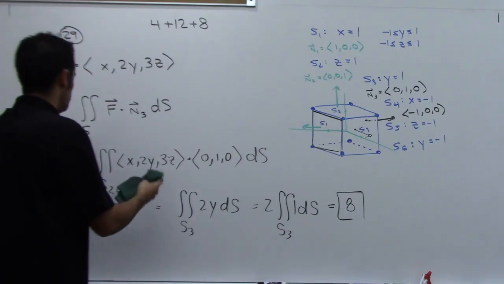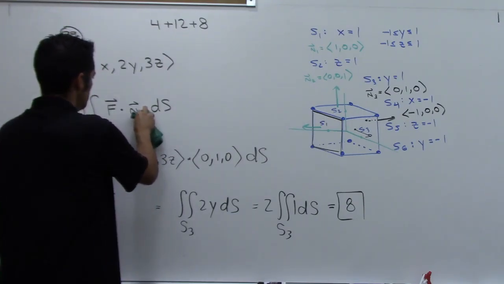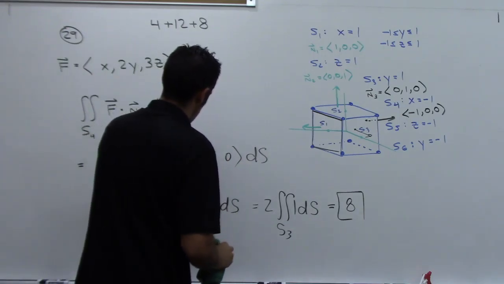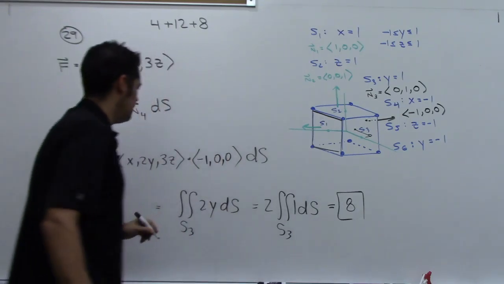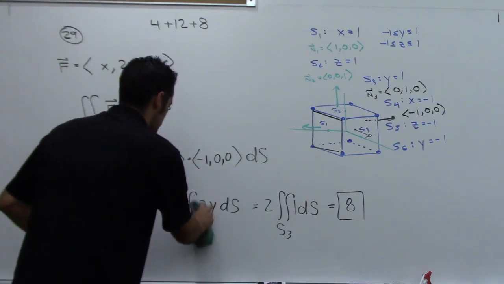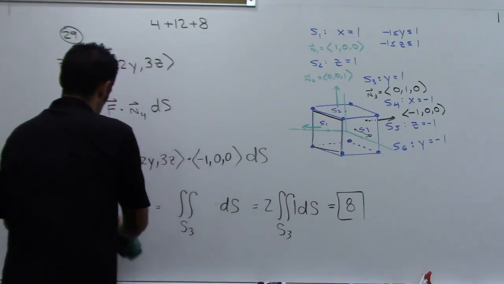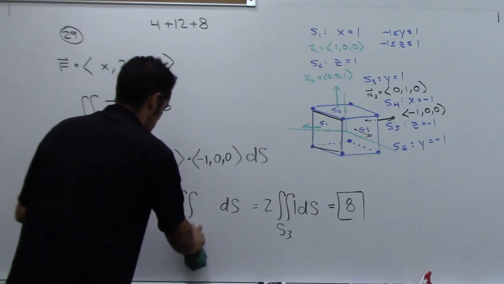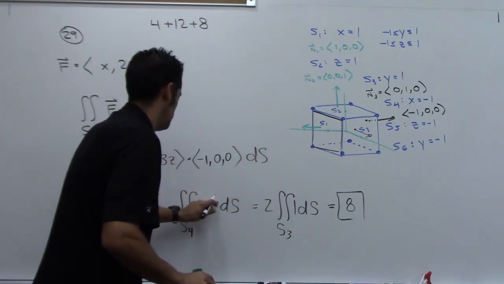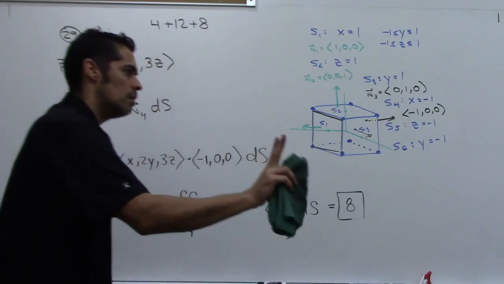So we're going over S4 now. The normal of S4 is (-1, 0, 0). And when we dot this, we get -x here. Hold on just a second.